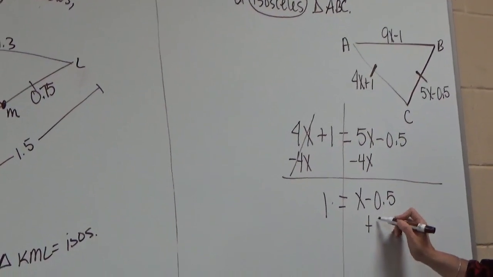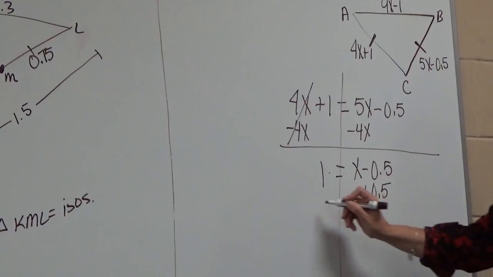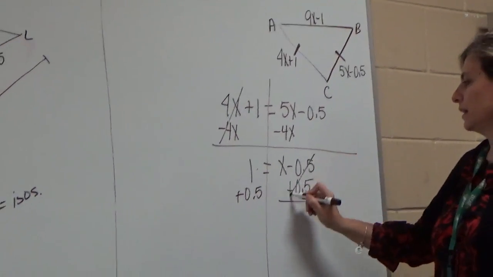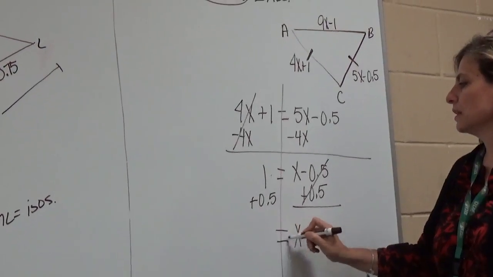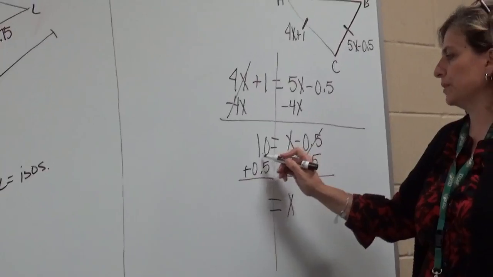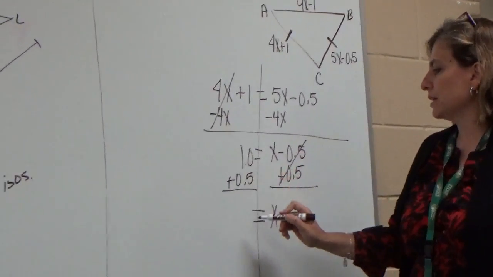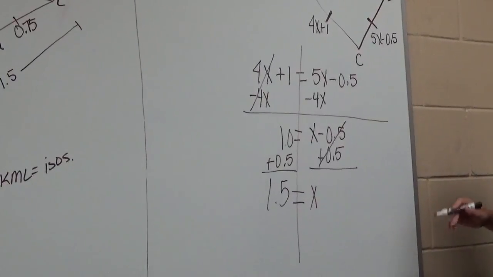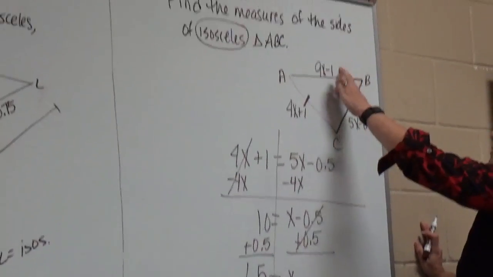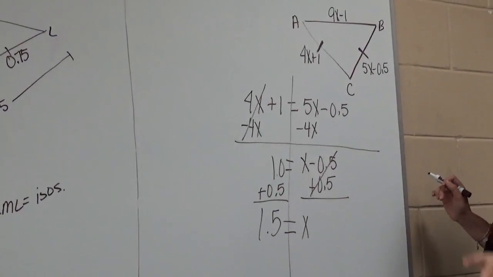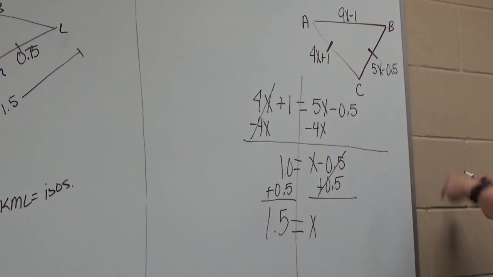It's being subtracted by 0.5, so I'm going to add 0.5 to it. And then I get x equals 1.0 plus 0.5. The answer is x equals 1.5, but I'm not done because I have to go back and plug that in for all three to see how much each side is worth.